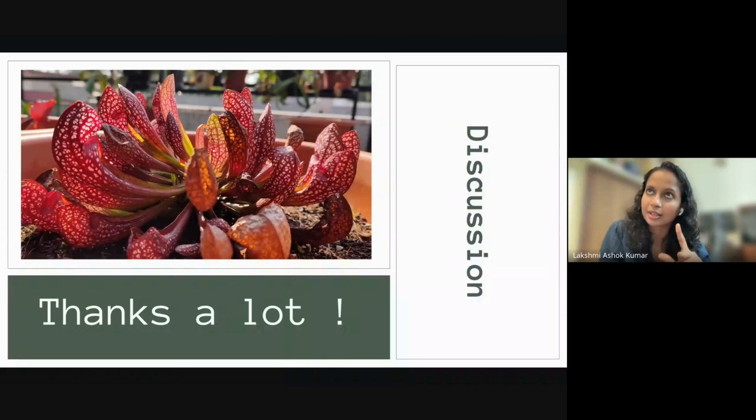And there is another bug which drinks the fluid out of the leaves of Nepenthes, and the leaf is all crumbled up and would dry off ultimately. I guess there are other insects also attacking these plants.